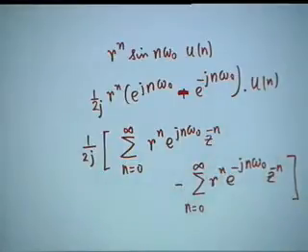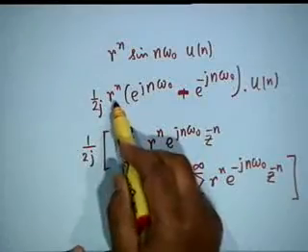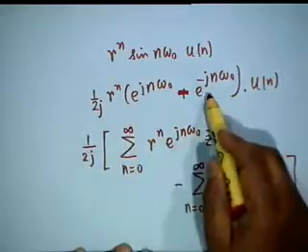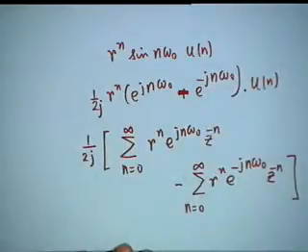We can calculate this ab initio. We can sum this up, this is how we have done earlier. We can also view these two sequences, that is r to the n e to the j n omega 0 and r to the n e to the minus j n omega 0, as complex conjugates of each other.